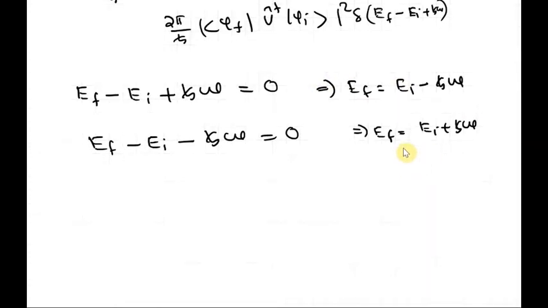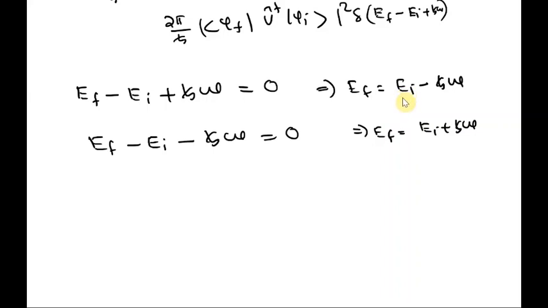So what it tells you is that your energy is changing here, unlike the previous case, where your final energy and initial energy are the same. In this case, your final energy is h cross omega less than your initial energy. So the initial energy is more than your final energy. That's what this case corresponds to.